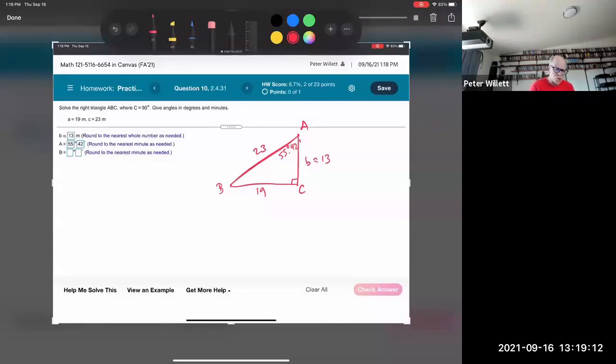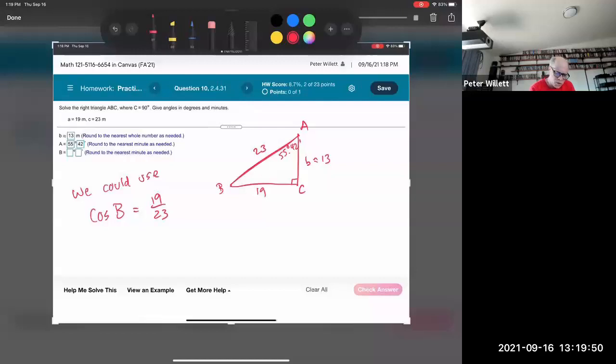Now we could also do the trig function thing that I just did to confirm that. In this case, we would be using the fact that cosine of B is equal to 19/23. So we could solve for angle B by using that cosine of B is equal to adjacent over hypotenuse, and then do what we just did, where we do the inverse cosine of 19/23 and then convert it.